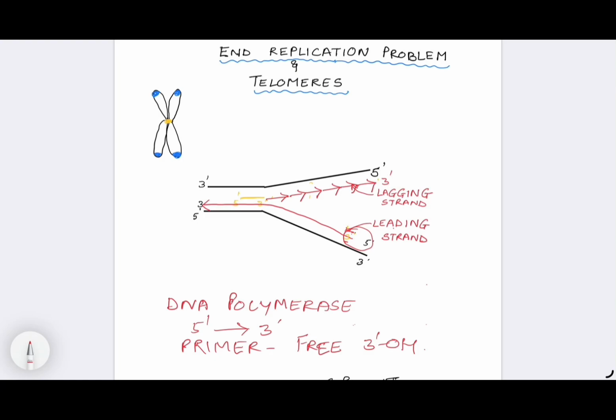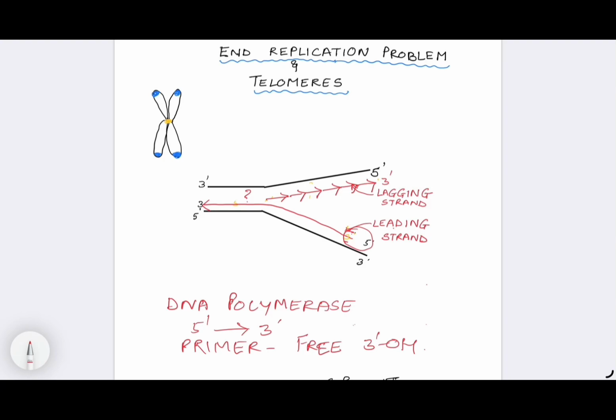But when the last primer is removed, which is present here, then there is no free 3' OH group present at this end. So if there is no free 3' OH group, DNA polymerase cannot form the strand. So the genes will be lost. But that is not the case.